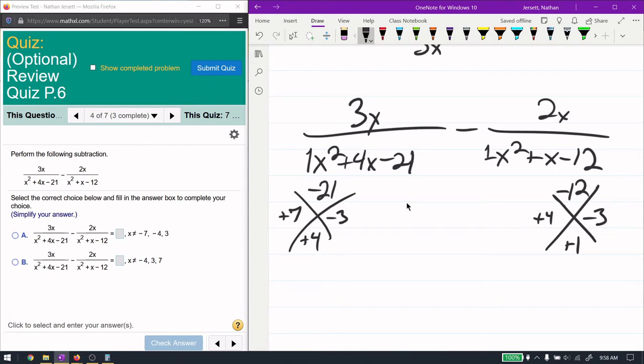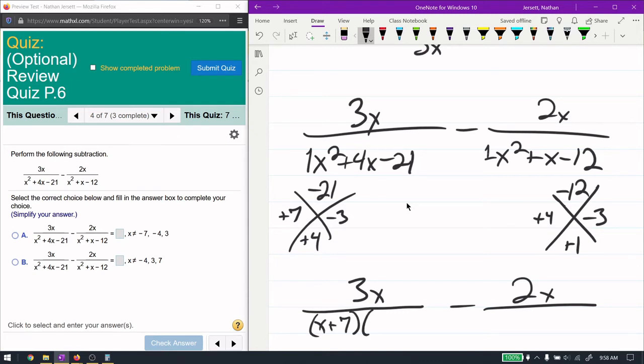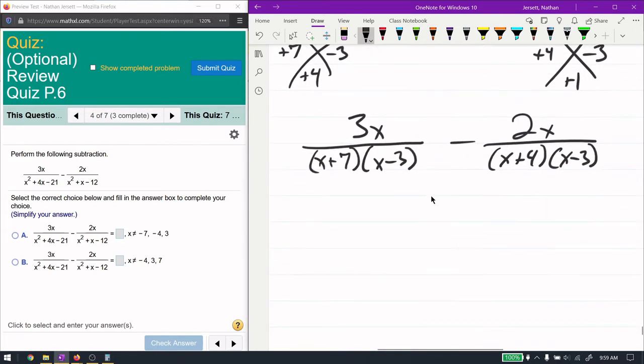So factoring this all down, we get 3x on top, x plus 7, x minus 3, and 2x on top, x plus 4, x minus 3. Again, I can immediately factor this down because a is 1 in both of these. As long as you have that, the shortcut method works out nicely.